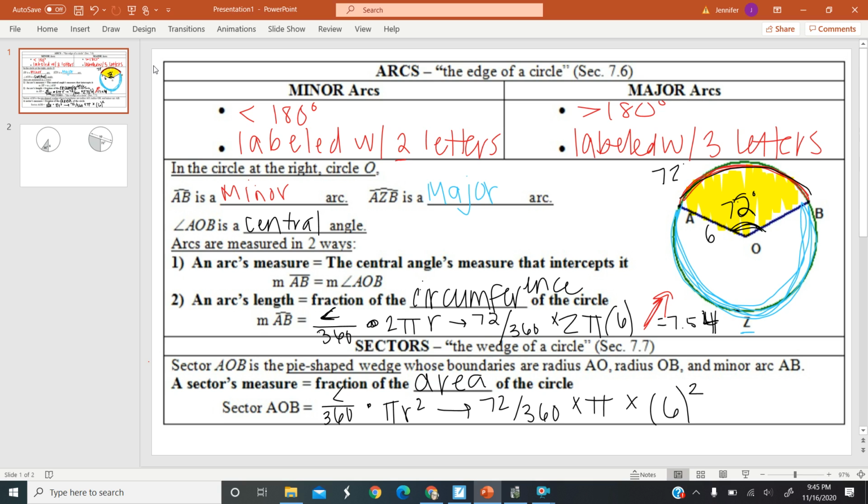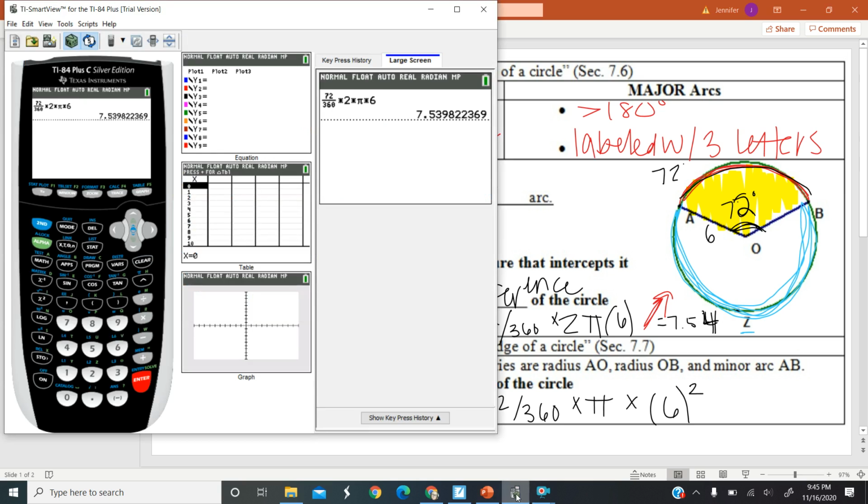And so I'm going to go ahead and type that in and see what our sector area would be. Again, I'm going to use alpha y equals just to get my fraction bar in. I had 72 divided by 360, and then I need times pi and times my radius, which is 6 squared.